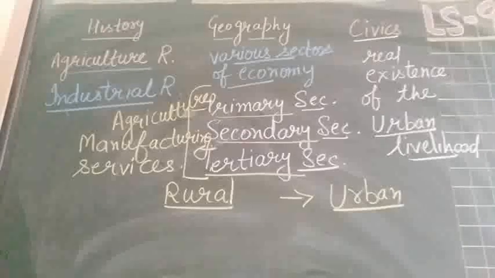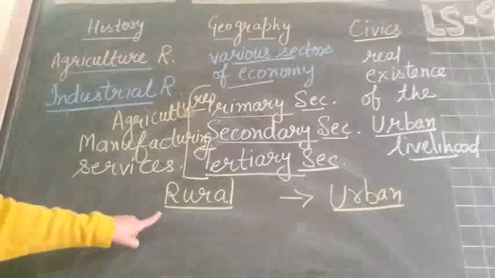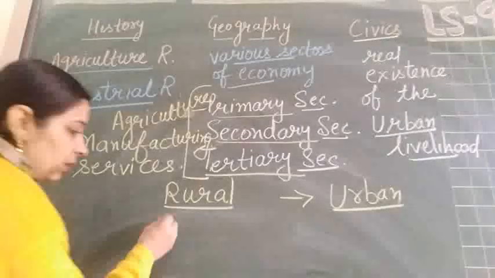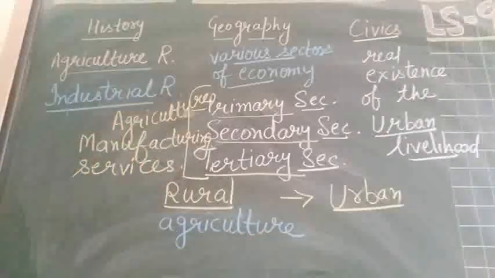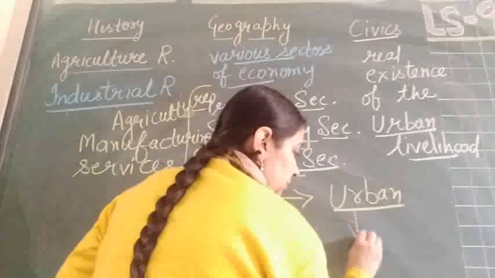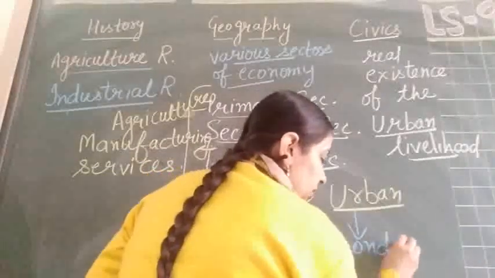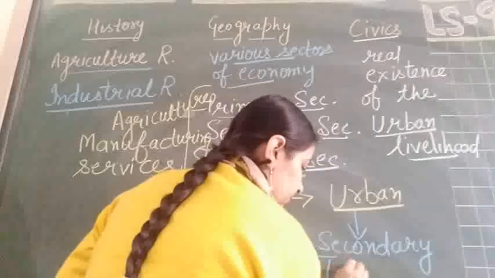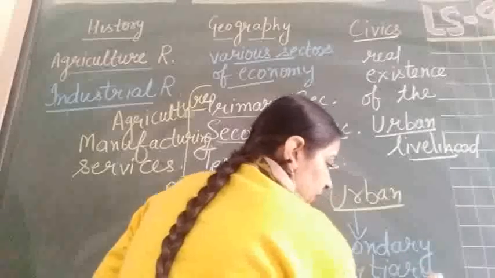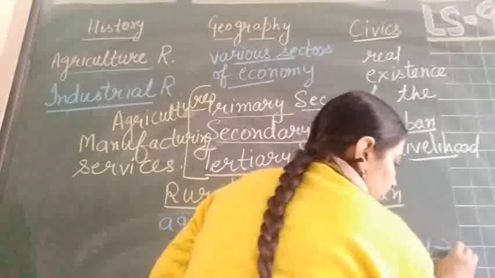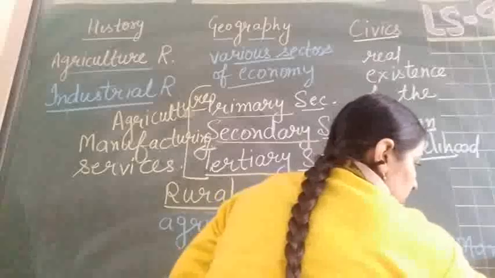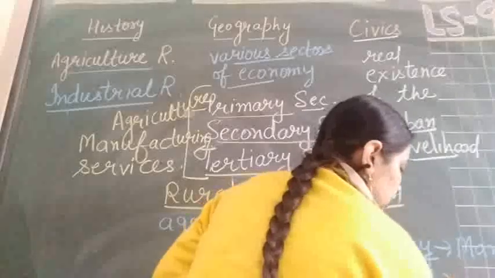We have already talked about in the previous chapter that rural livelihood revolves around agriculture, and urban livelihood revolves around secondary and tertiary activities, that is manufacturing and services. Clear, children?